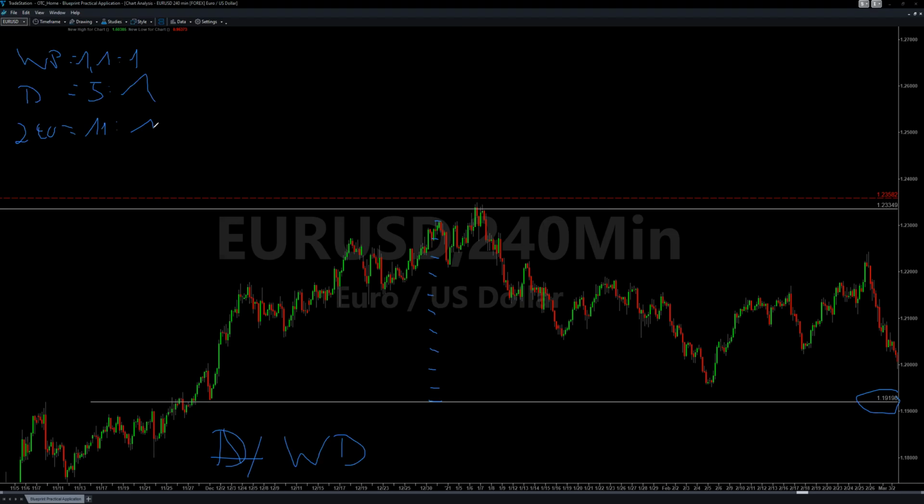Yeah, I think also more, right? The space here is a little bit too much, but it is easily 11-to-1 with a simple rule how to refine a higher time frame zone to a lower time frame zone.